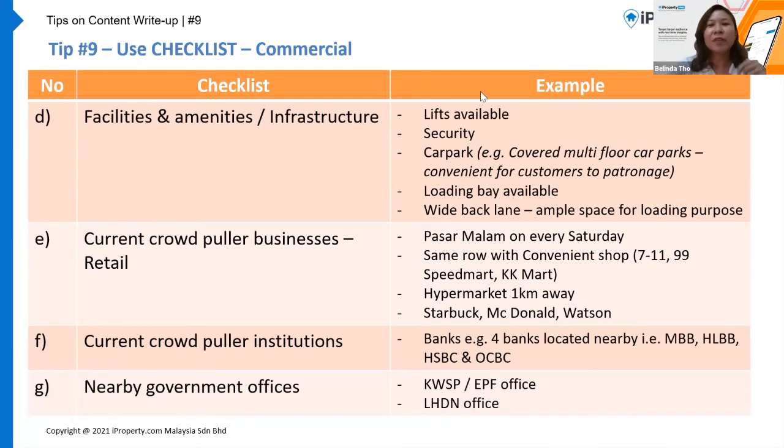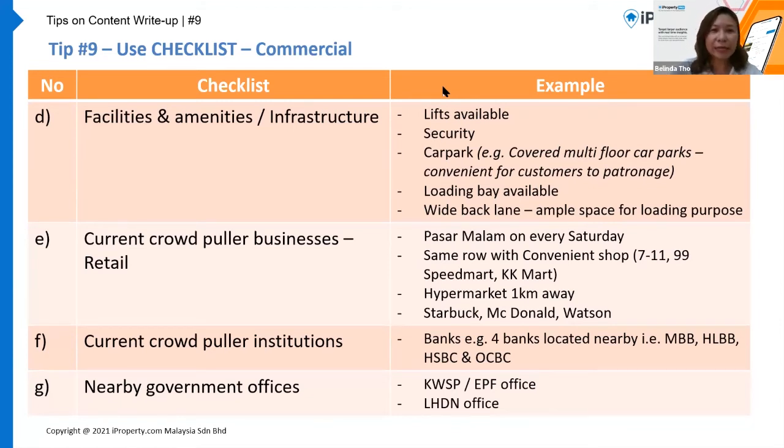Whether my property has lifts or not, the security, how it is, the car park, whether nearby I have multi-floor car parks convenient for customers to patronize, loading bay or not, wide back lane or not. Because if I'm investing in a factory or warehouse, ample space for the loading bays is very important for me, easier for me to unload or load my stock.